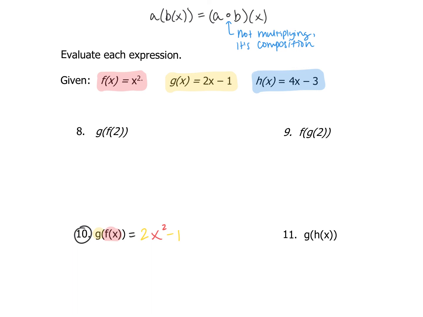If we go back up to number 8, it builds off of what we just did in number 10. It takes the same idea where we're inserting f of x into g of x, but now it added a new piece. Oh, okay. We're now taking that new function and inserting a number 2 into there. I know, right? That's kind of crazy.